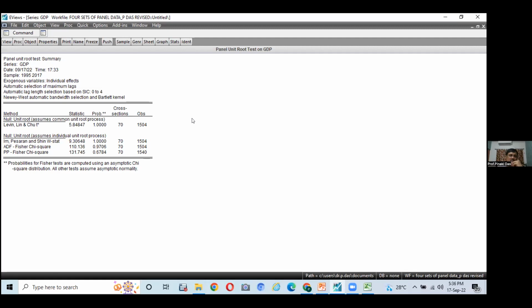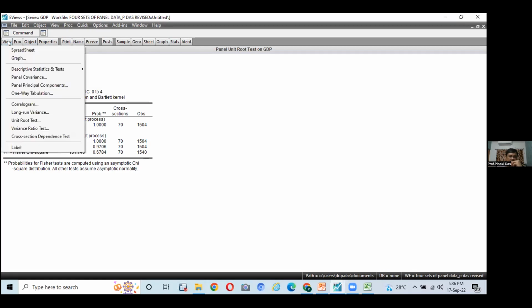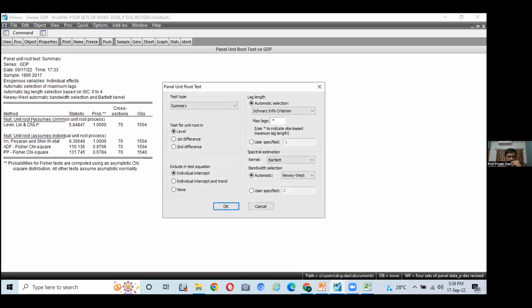Now we will check whether it is non-stationary or stationary at the first difference. As I have already selected the name of the variable, I can continue from here. View. Under the view, there is the option of unit root test. I have already selected all the options as well as the series. Now I am interested in testing the panel unit root at the first difference.